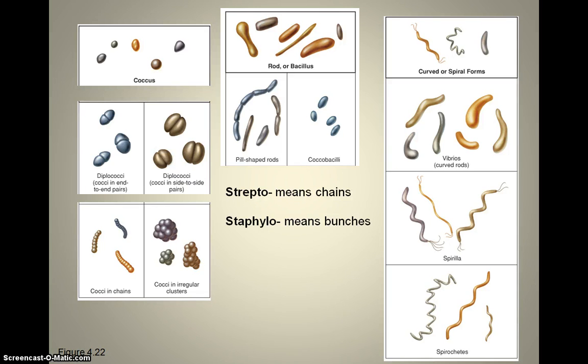So the genus name can help you to sort of infer what shape and arrangement they're going to have. However, that doesn't mean that every single bacteria that is a chain that is coccus shaped is in the genus Streptococcus. So just keep in mind that the name can help you to determine what you're looking for under the microscope. And then again, if you look over here, you can see Spirilla and you can see the Vibrio.